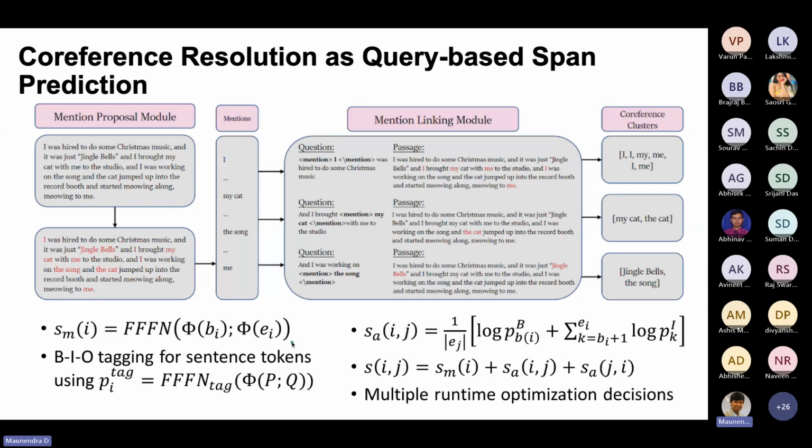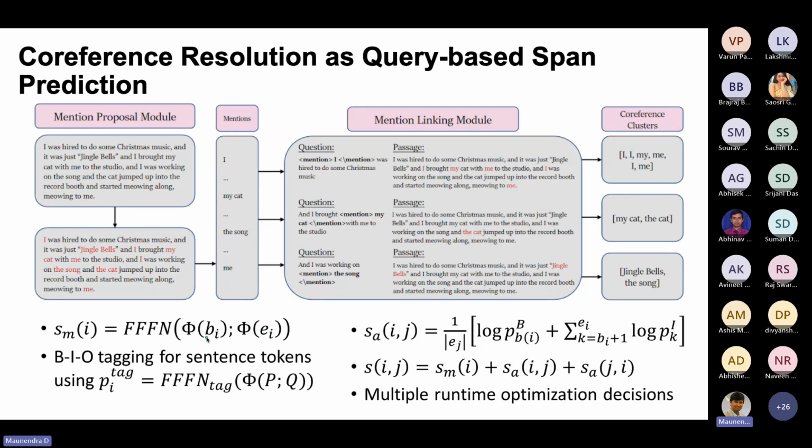Below, I have mentioned these equations from the paper. The paper link will be there in the final slide. But at a high level, this also gets a span score. They have some representation of the beginning part, the first word, and some representation for the end word. And this connects with another question that we had earlier.